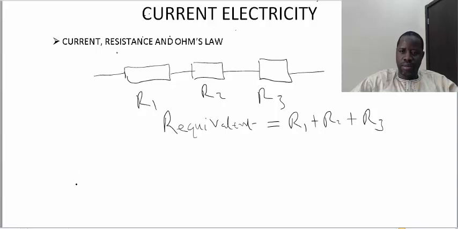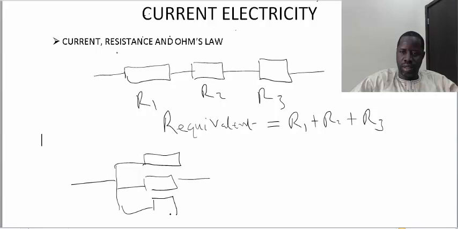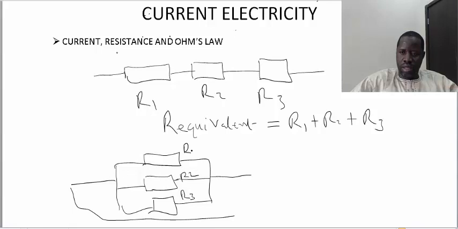Well, when we have them connected in parallel, let's say we have them connected in parallel here. If we have them connected in parallel this way, then the overall resistance appearing at these two terminals is going to be given by the expression.